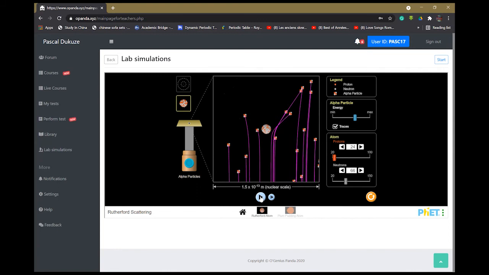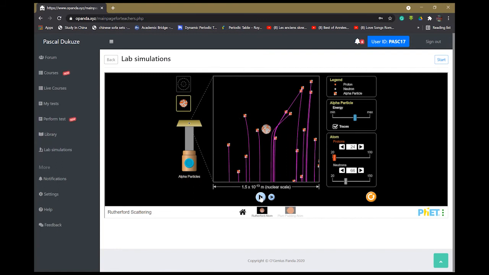So as an explanation for this observation, Rutherford suggested that it is possible that in the center of the atom, there is a very massive small body which may be carrying the same charge as the alpha particles. That means that small body in the center is positively charged.